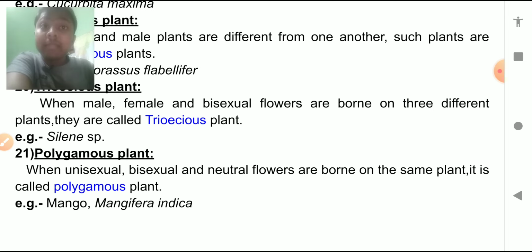Poly means multiple and gamous means gamete. When unisexual, bisexual and neuter flowers, where androecium and gynoecium are not present, are all borne on the same plant, it is called a polygamous plant. An example of a polygamous plant is mango, Mangifera indica. In a mango plant, unisexual, bisexual and neuter flowers can be borne.